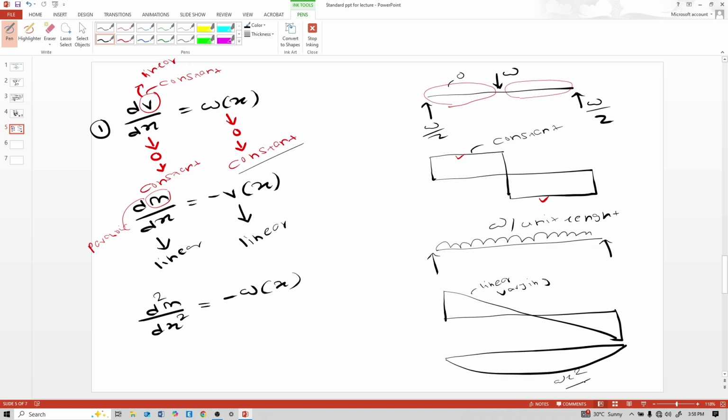WL square by 8, and this is WL by 2. And see relation between moment and intensity of loading, it is 2 order higher. If this is constant, then this is parabolic.